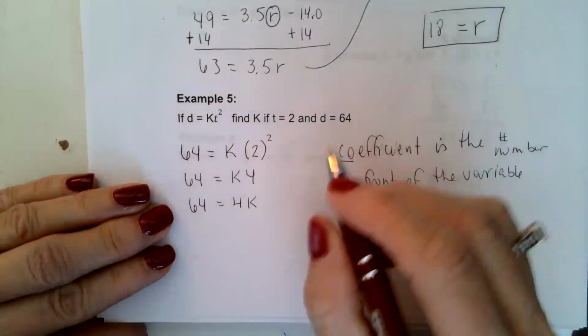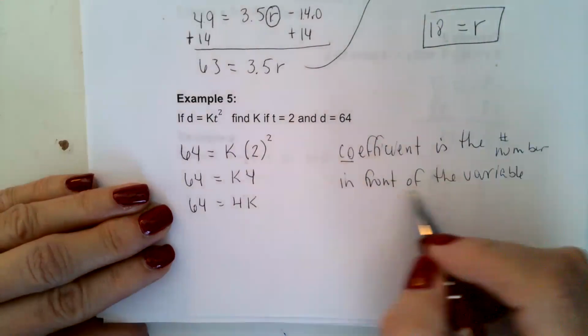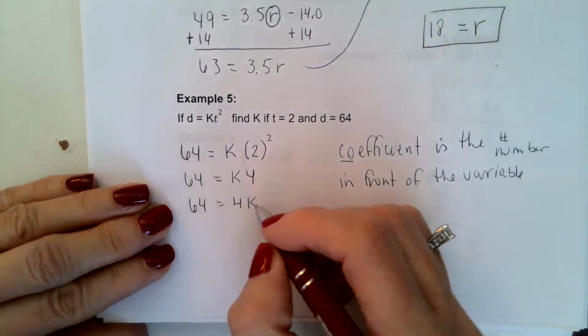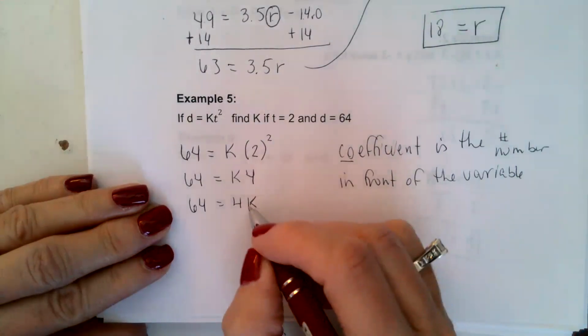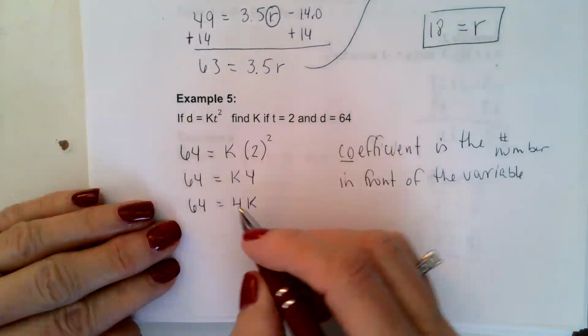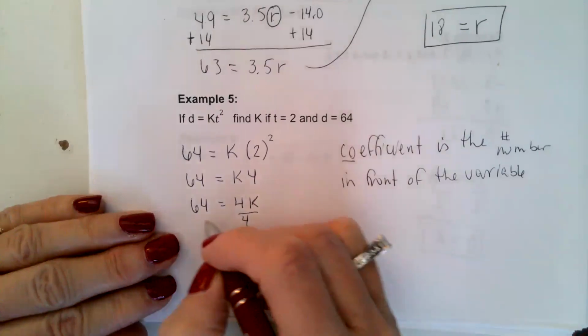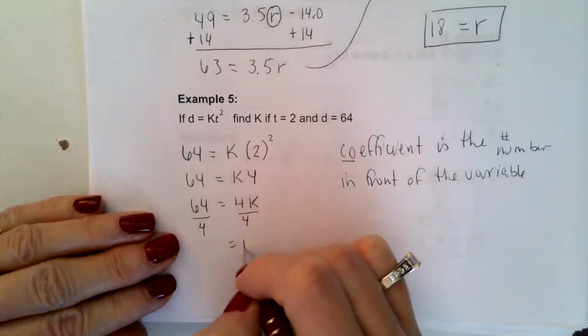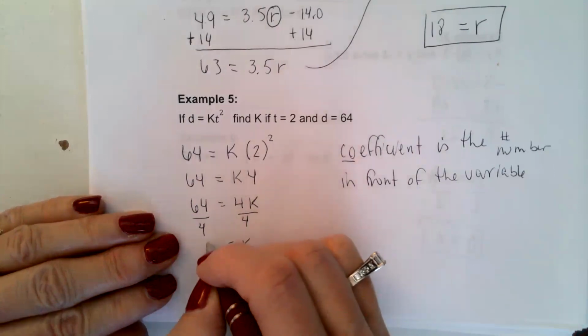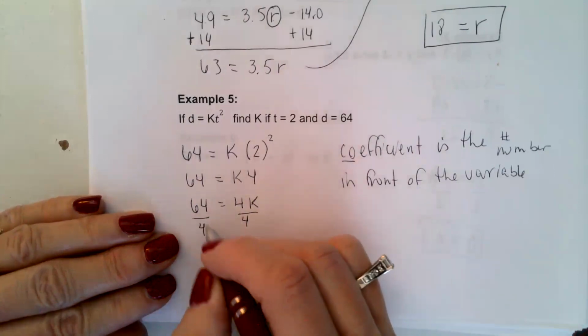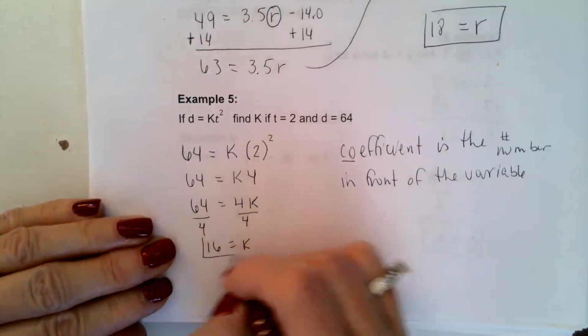Co means to go with. So the number goes with the variable. 4 goes with the K. It tells us that we have 4 Ks. Whatever K is, we have 4 of them. And I want to find out what 1 K is. So I'm going to divide by that 4 to find out that 1 K equals 16.